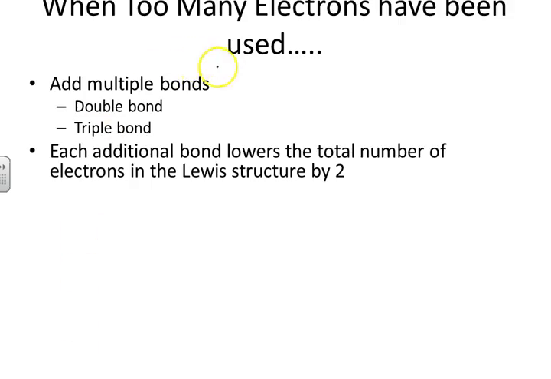Okay, so when too many electrons have been used, we add multiple bonds, double bonds and triple bonds, and each additional bond lowers the total number of electrons in the Lewis structure by 2. So if you put in one double, it lowers the number used by 2.